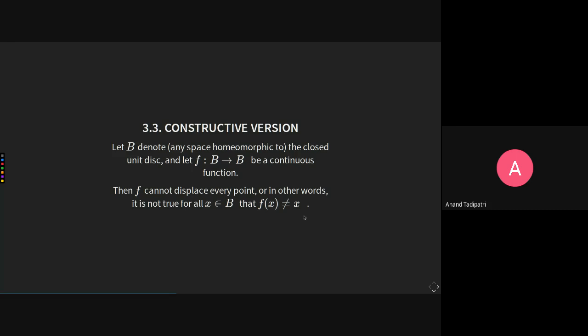Some people dismiss Brouwer and think his ideas are crazy, but when you come up with a constructive algorithm, you're actually coming up with a program. If you say that there exists a point and you have a constructive proof of it, then you are actually giving a program which you can run and actually get the fixed point.